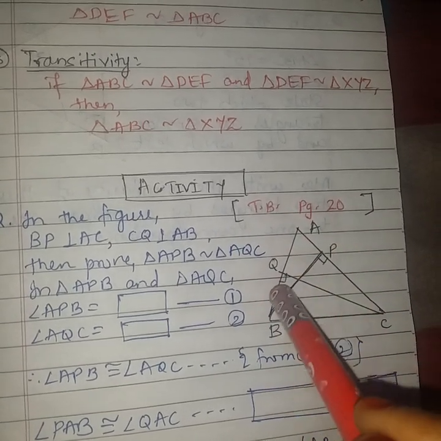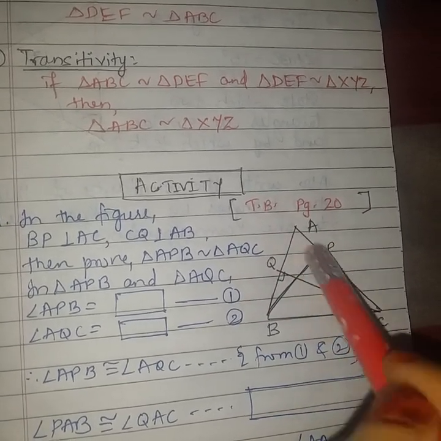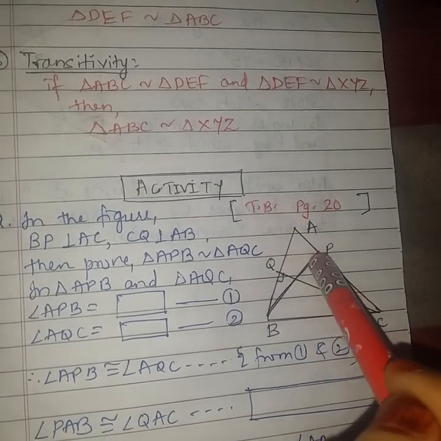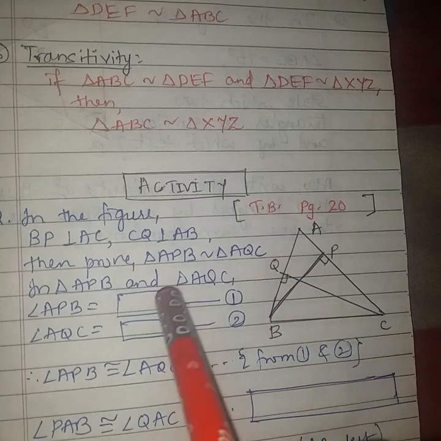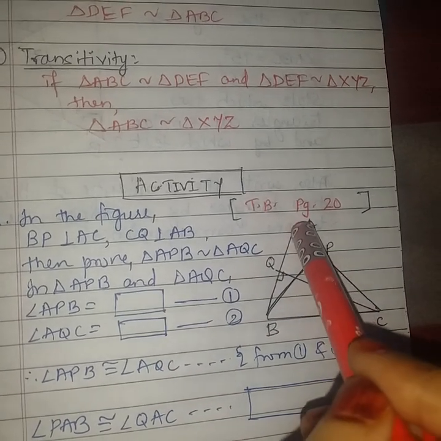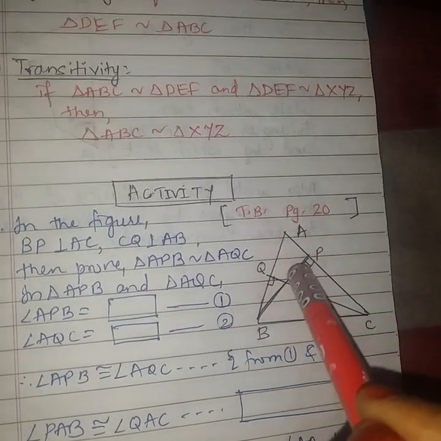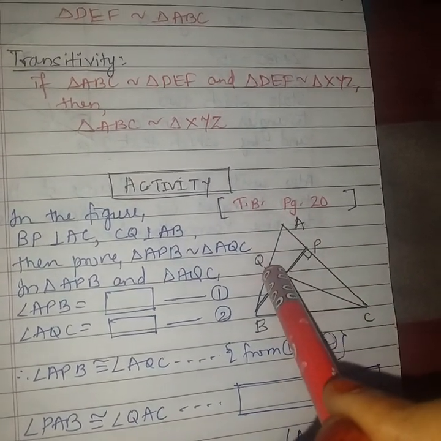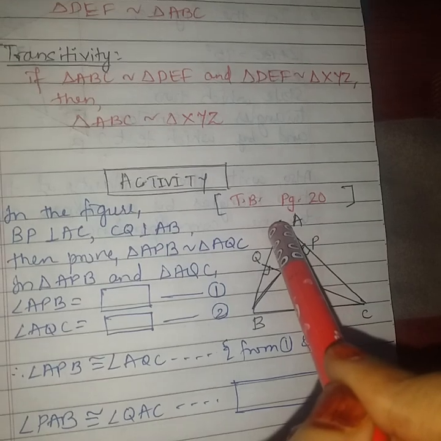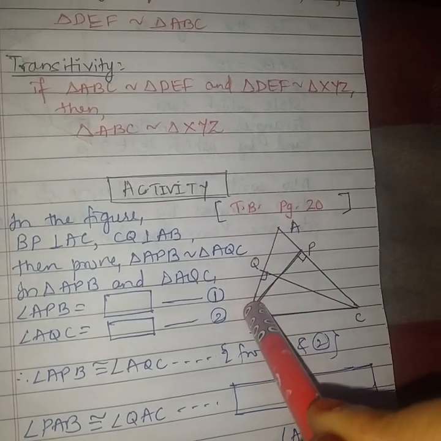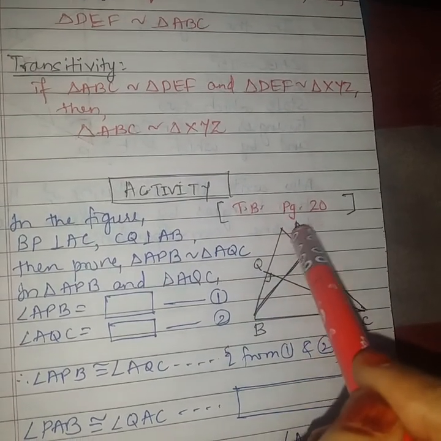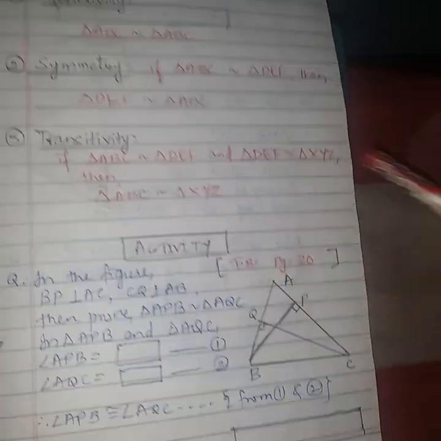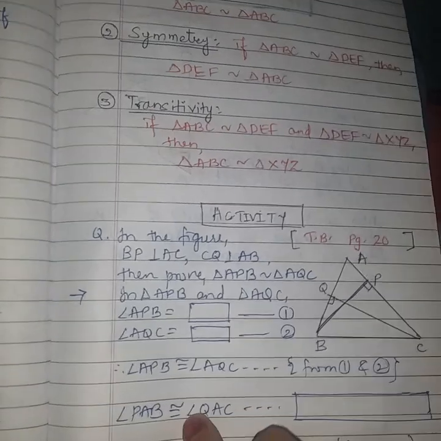Obviously, it will be congruent to the corresponding right angle of the other triangle, so we can go with the right angle AQC. I hope it's clear. Angle APB, right angle, will be congruent to angle AQC of the other triangle, since both are right angles.